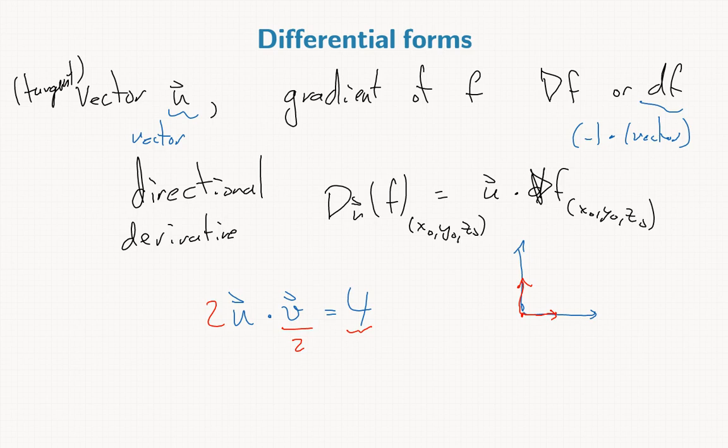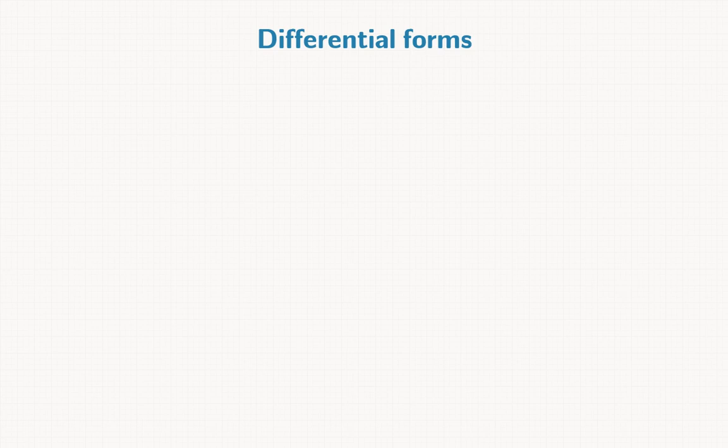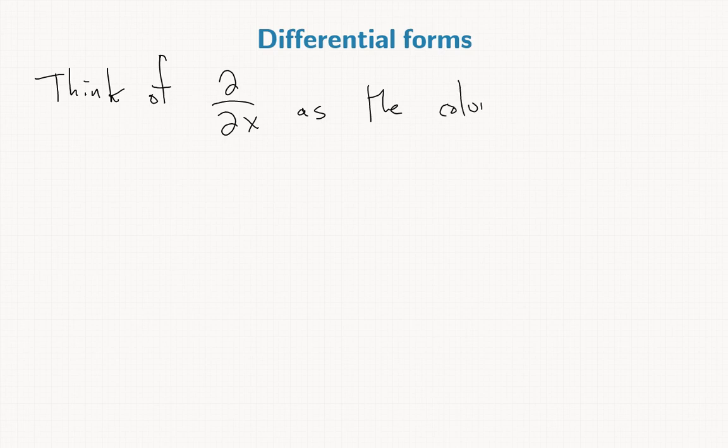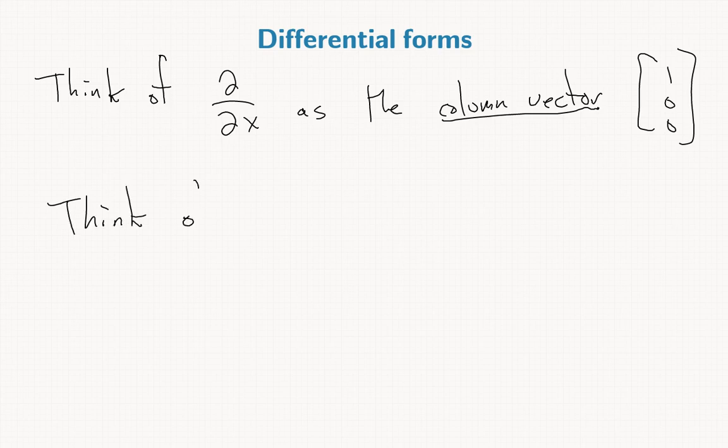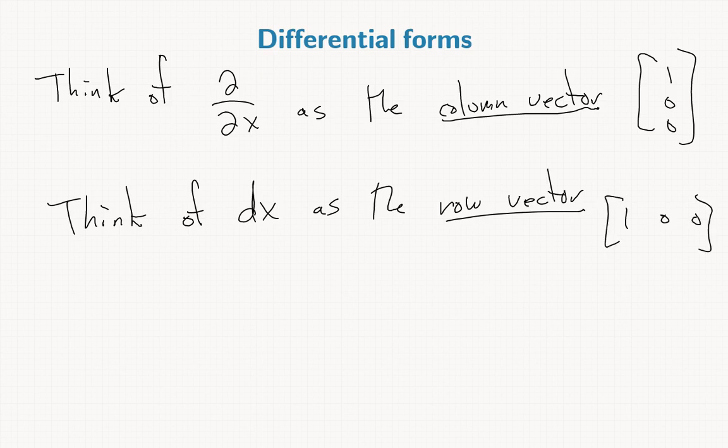So another way to say this is, if you've seen some linear algebra, we think of del by del x as the column vector 1, 0, 0, whereas dx we think of as a row vector 1, 0, 0.